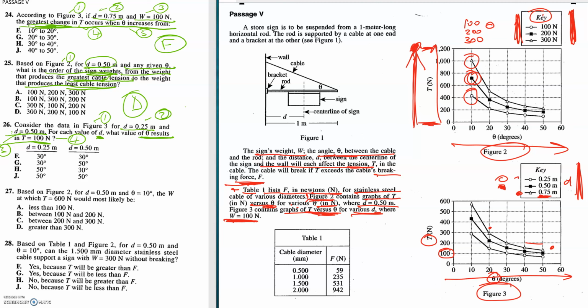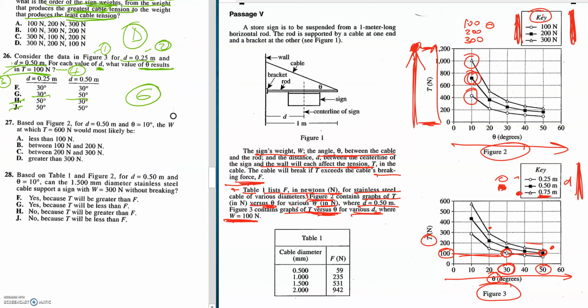So I have to find the white circle when it's 100, and the white circle would be here, so that's 30. And now I have to find where the black square is at 100. The black square is along here, and that's 50, so it's 30 for 0.25, which means H and J are out, and then I need 50 for the second one, so it's going to be G.